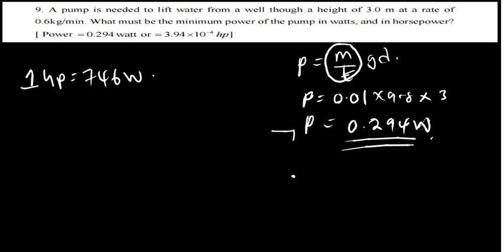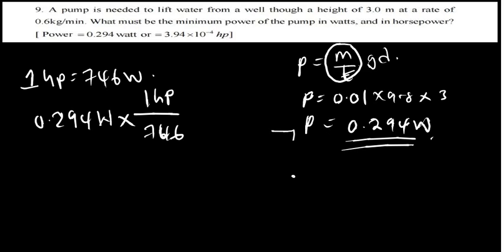Using dimensional analysis, you say 0.294, that is watts. You set the units in such a way that they cancel each other. You put horsepower on top, and watts at the bottom. In 1 horsepower, we have 746 watts. Then watts and watts cancel out, and we remain with horsepower.